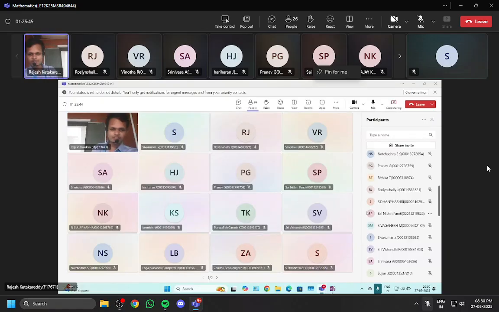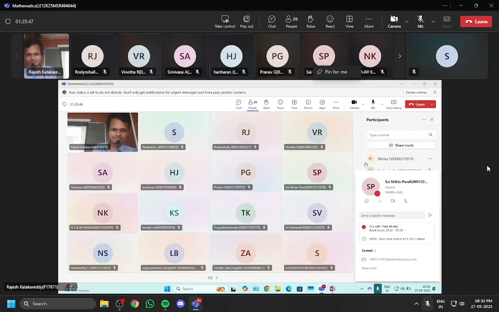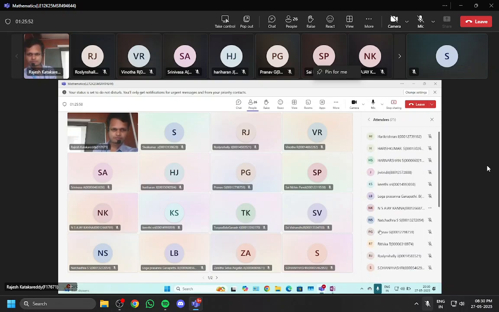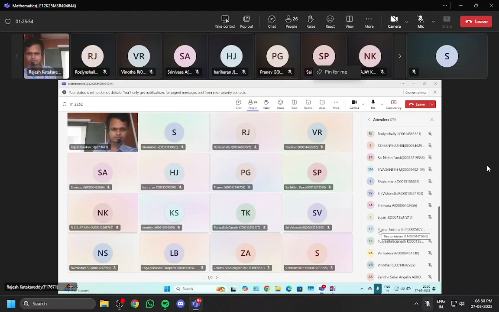Dear offline students, Gautaman is not there. Srinikesh, Sushant, where is your ID card?